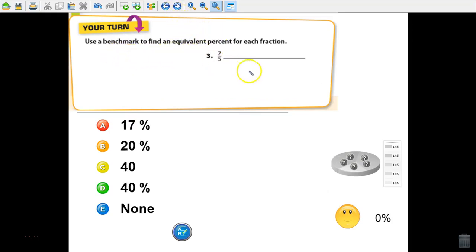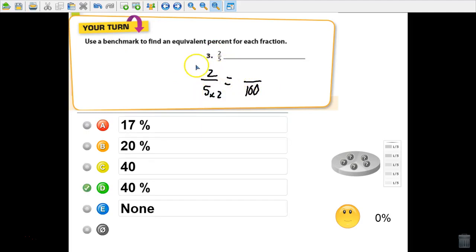Use a benchmark to find the equivalent for each fraction. 2/5, blah, blah, blah. Benchmark is real fun. So, 2 over 5. Got to get the 5 to 100. I have to multiply 5 times what? 20.